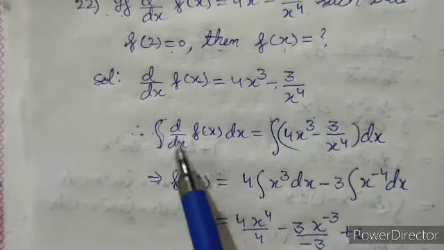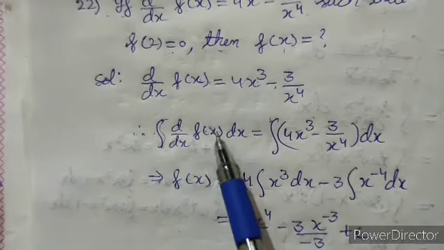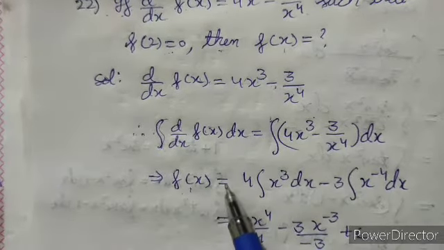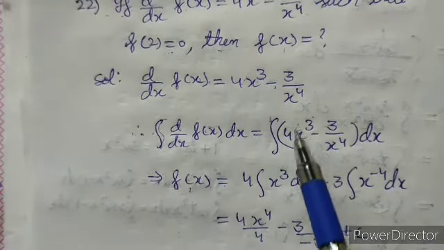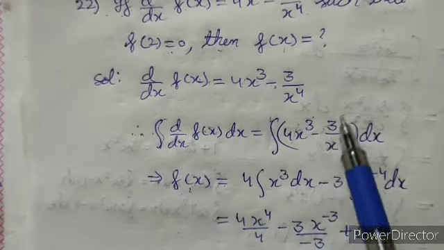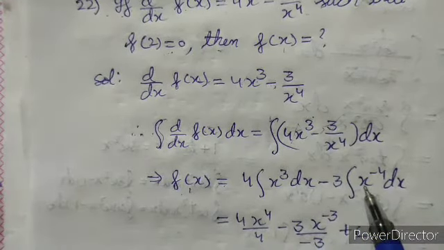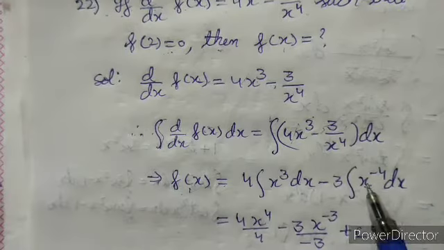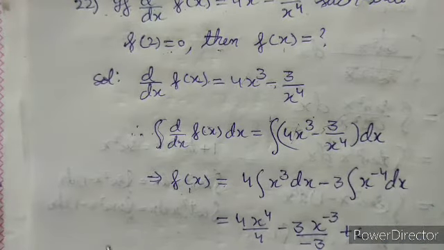Now integral of d by dx of f(x) will be equal to f(x), and that will be equal to 4 into integral of x cube minus 3 into integral of 1 upon x to the power 4, and that can be written as x raised to power minus 4 dx.